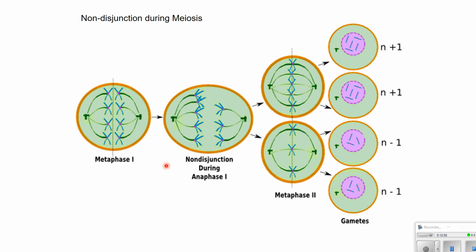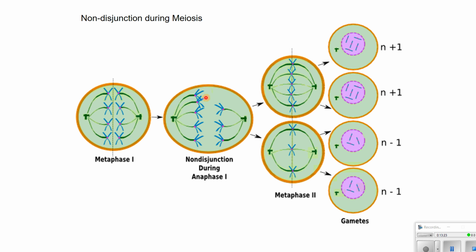So here's metaphase 1 of meiosis, where you have all your pairs of chromosomes lined up 2 by 2. And what is supposed to happen in anaphase 1 is each pair of chromosomes is supposed to separate and be pulled apart. But you see what's happening right here?